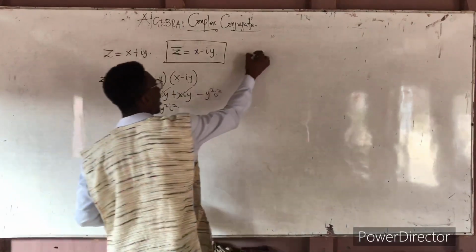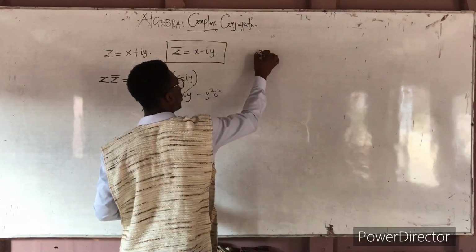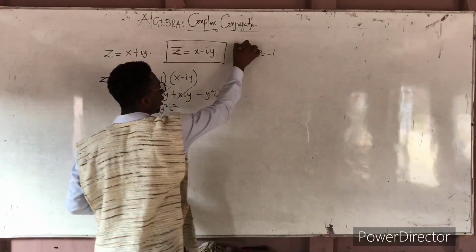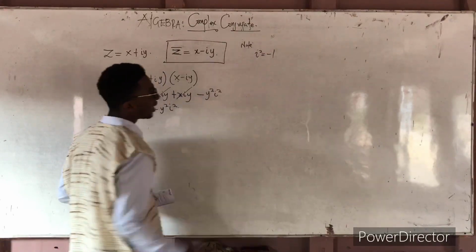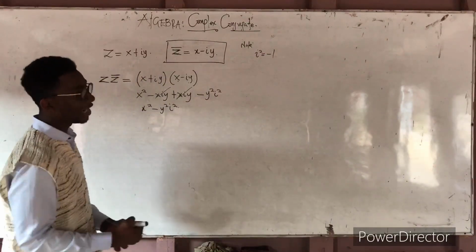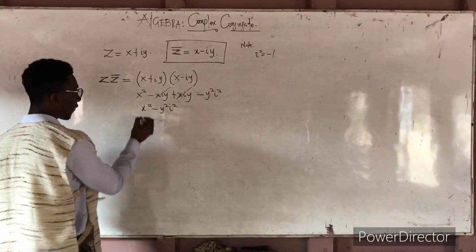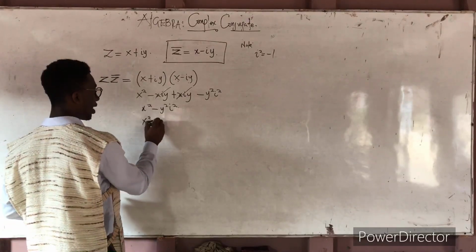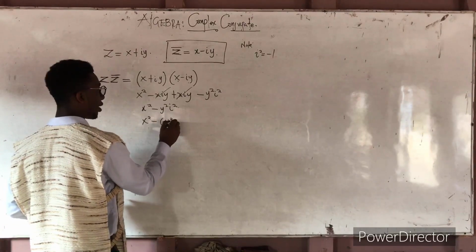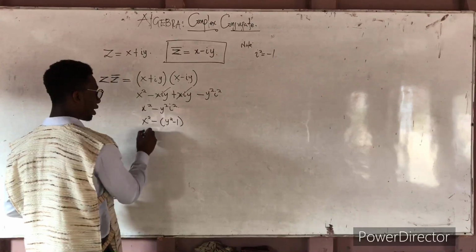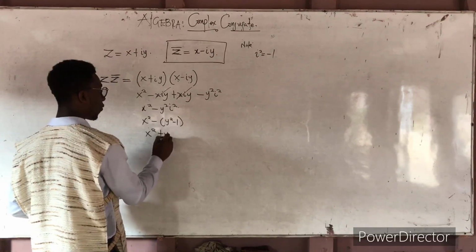And take note that i squared is always equal to -1. You have to do this all the time in complex numbers. So minus y squared times minus 1 will give you x squared plus y squared.